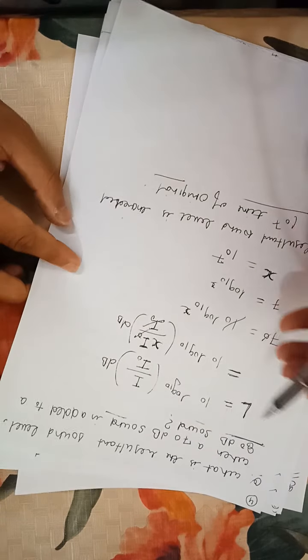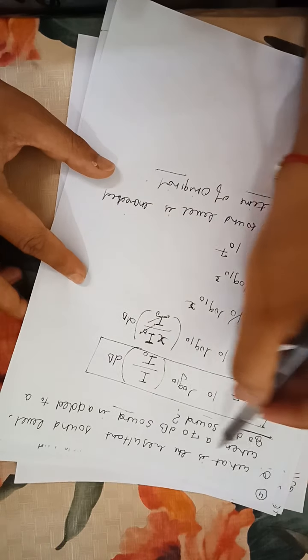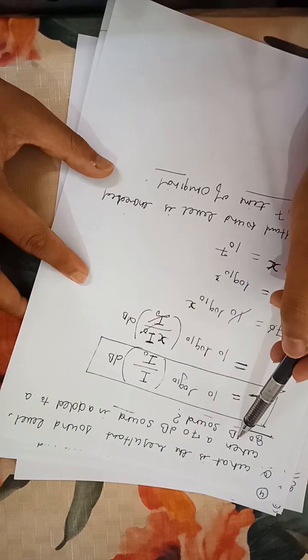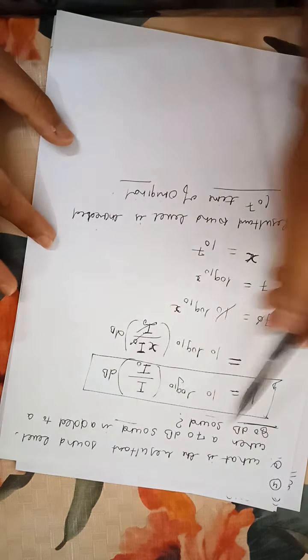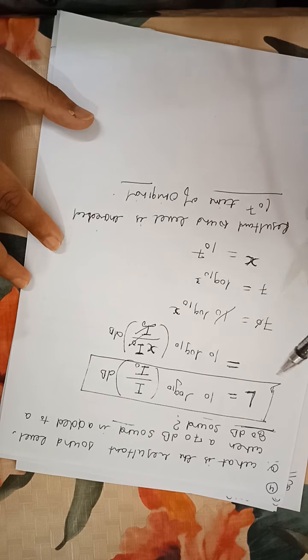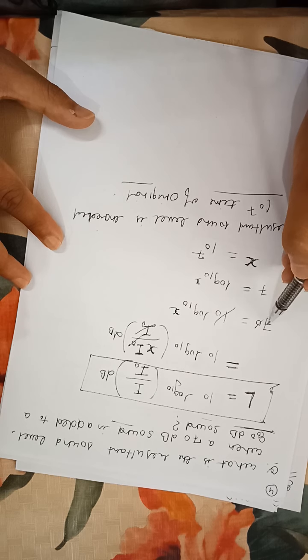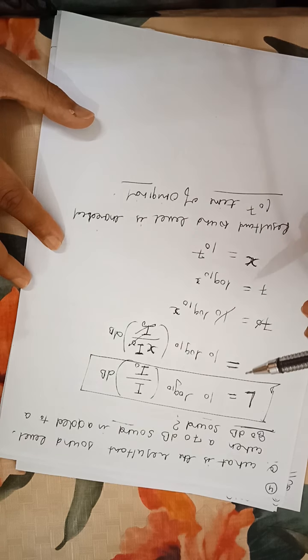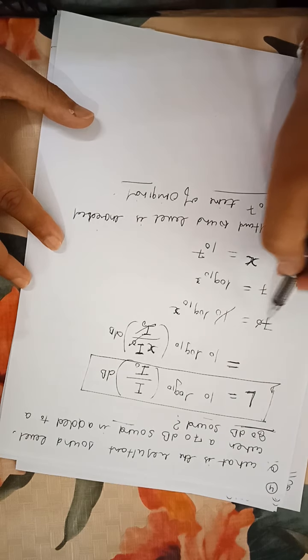So if we know the formula, we can solve any type of question. What is the resultant sound level when a 70 decibel sound is added to a 80 decibel sound level? We find out the sound level which we are adding.